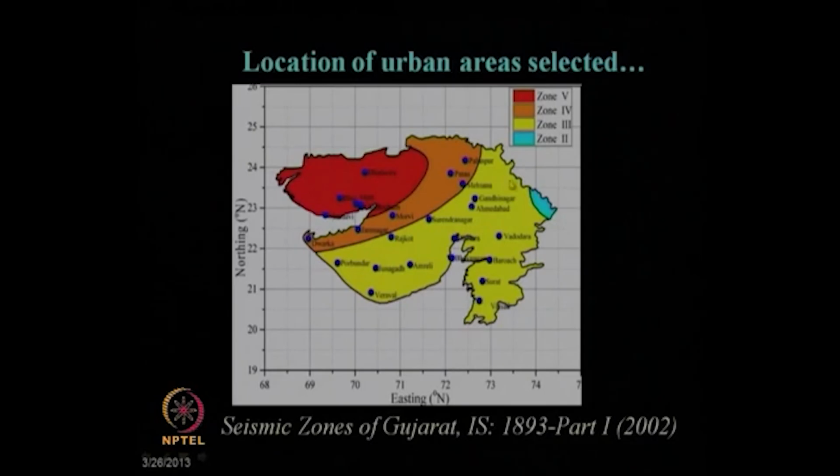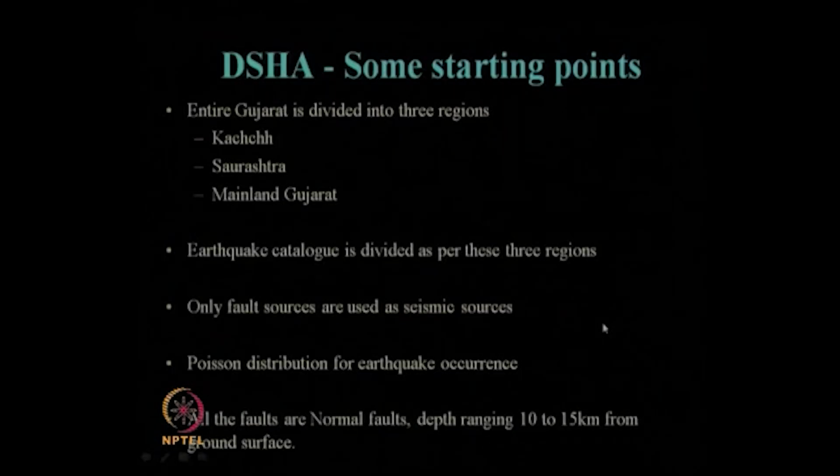Accordingly, the color shades are shown here. We selected areas starting from the most vulnerable zone, that is zone 5, to zones 4 and 3 only. The least vulnerable area, zone 2, we have not considered in this work.